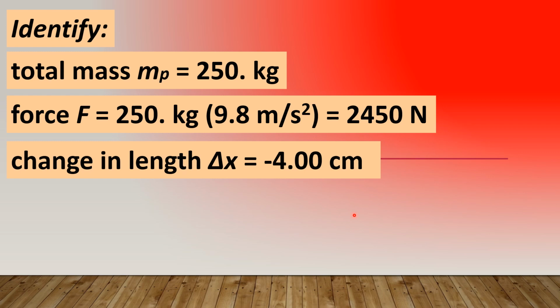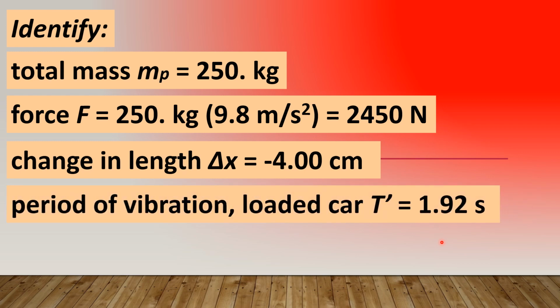So when the car with the driver and the passengers aboard hits a bump and the car starts oscillating up and down in simple harmonic motion, the period of vibration, capital T prime, is also given, equal to 1.92 seconds. And we assume that the car and the occupants are a single object on a single ideal spring, meaning that the spring obeys Hooke's law.